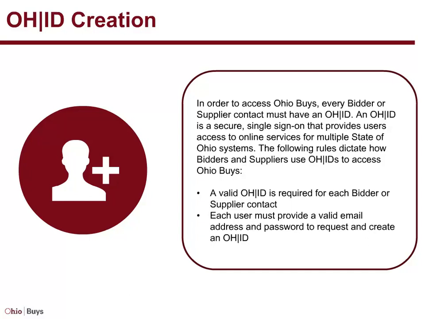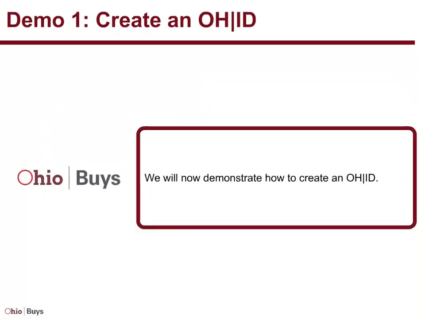The following rules dictate how bidders and suppliers use OHIDs to access Ohio Buys. A valid OHID is required for each bidder or supplier contact. And each user must provide a valid email address and password to request and create an OHID.